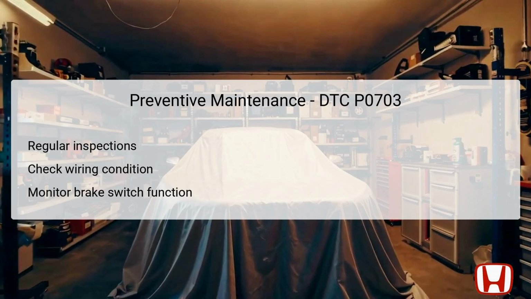By proactively monitoring these components, you can reduce the risk of experiencing DTCs related to switch malfunctions. Furthermore, maintaining good relationships with certified mechanics can provide insights into any necessary repairs or replacements. Adhering to these preventive measures can enhance vehicle safety and performance significantly.